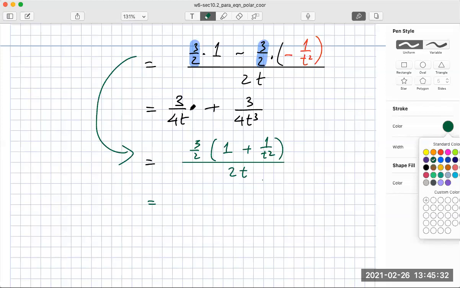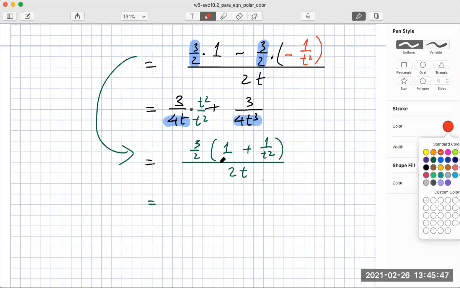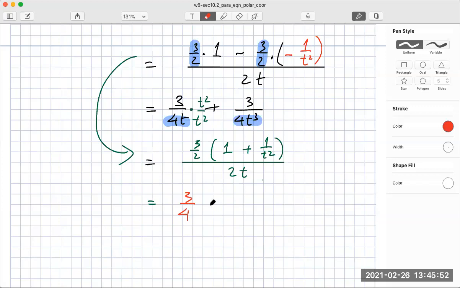If we start here, we see that this numerator has 4t, this has 4t cubed, right? So we can multiply by t squared on both sides, and anyway, it will give the same result. It will be 3/4 of (t squared plus 1) divided by t cubed here.